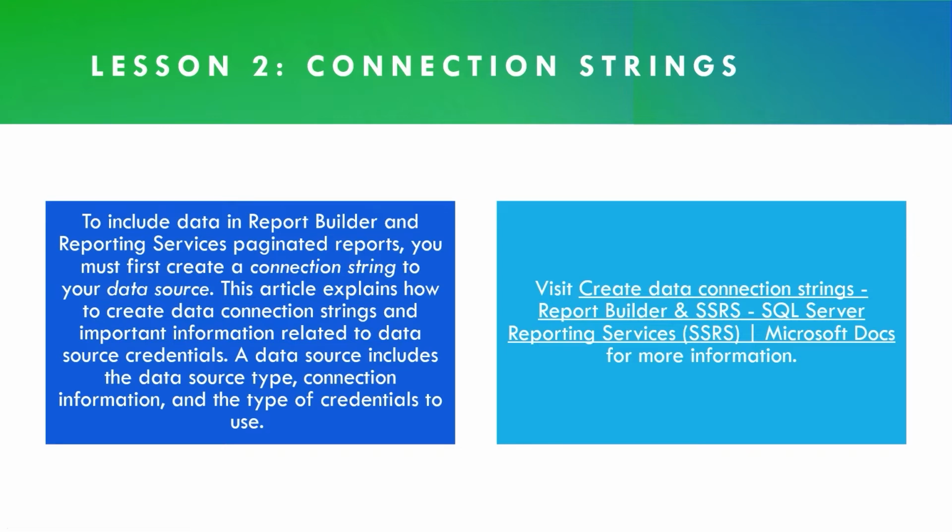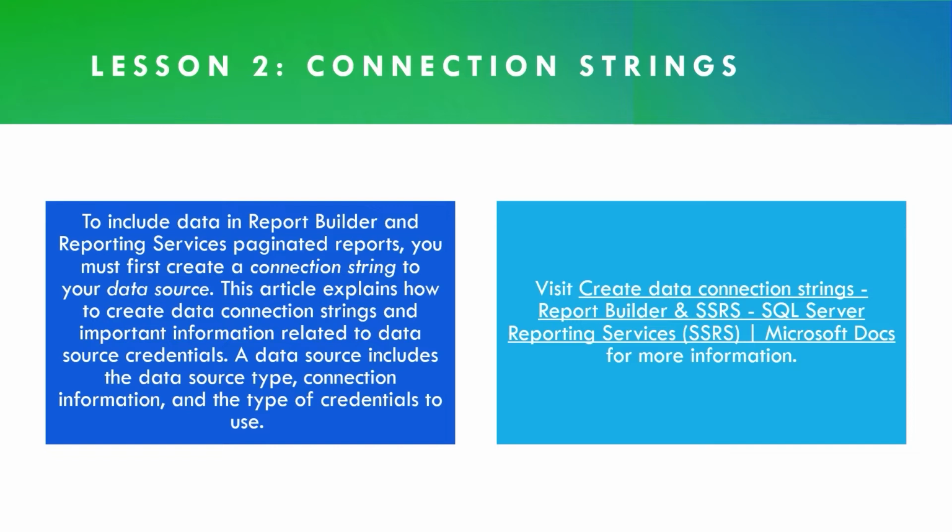So when it comes to setting up a data source, you have to use a connection string. So you have to create a connection string to your data source. And on the right side of this slide, there's an article that gives you all the information you will ever need about creating data connection strings and important information related to data source credentials.